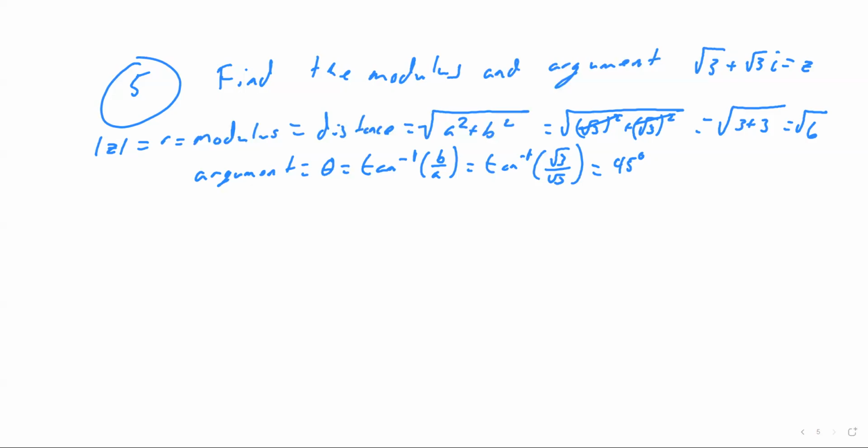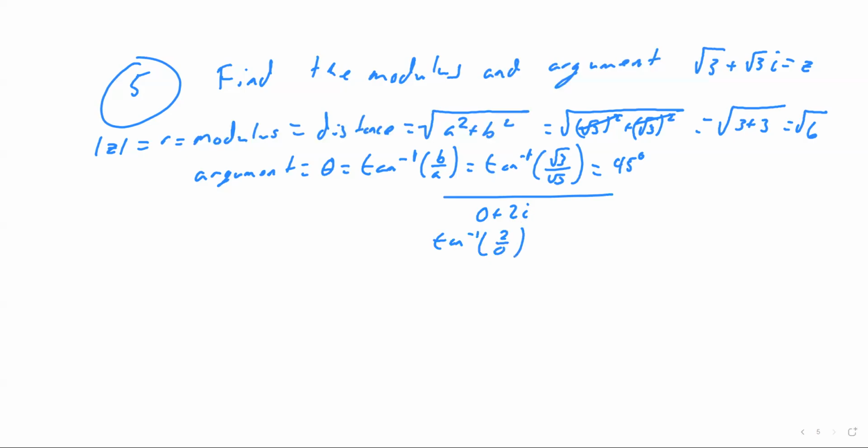Oh, and that's only going to happen if you land on 90 or 270. That's the only time it'll ever happen. So, for instance, hypothetically, let's say you have 0 plus 2i, and you're asked to find the argument. So this would be tan inverse of 2 divided by 0.